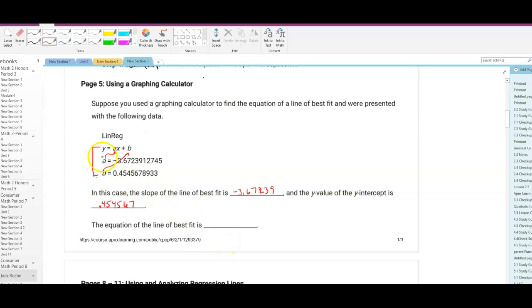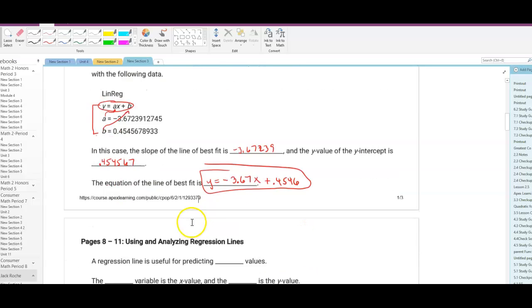So all we're doing is plugging the values of a and b into this function, and your linear model would be y equals negative 3.67x plus 0.4546. Okay, so this would be your regression model.